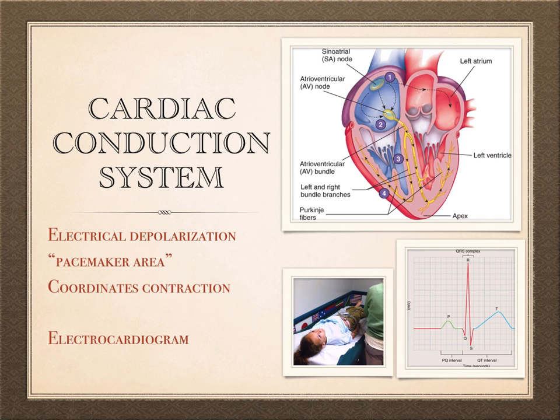The P wave is this small bit of electrical activity, and that happens just before the atria contract. The QRS is a bigger amount of electrical activity, and that happens just prior to the ventricles contracting. And then the T wave is the repolarization of the ventricles.